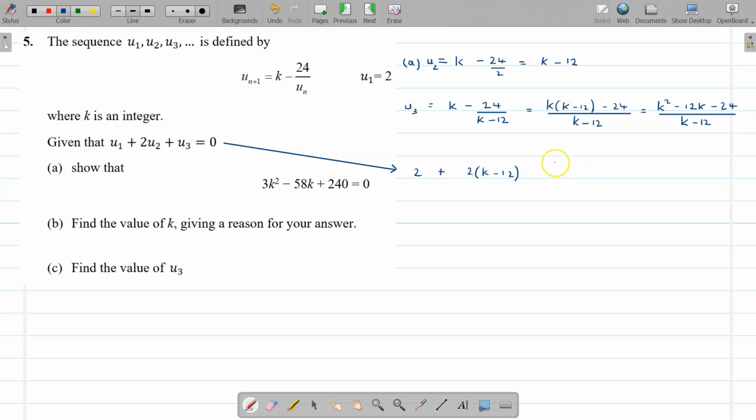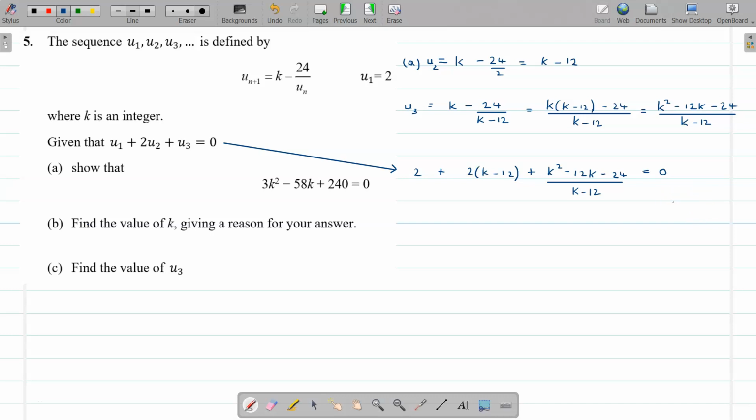And I've also got to add U3, which is what I've just done here, k squared minus 12k minus 24 all over k minus 12. And I know that that has got to be set equal to 0. And that's going to enable me to find k. A bit of working out there to do.